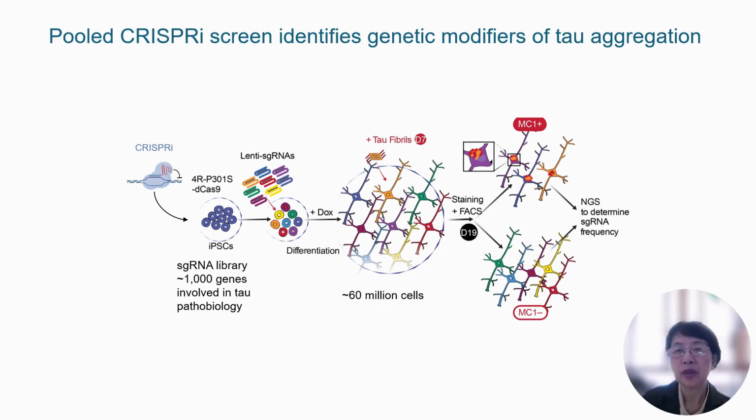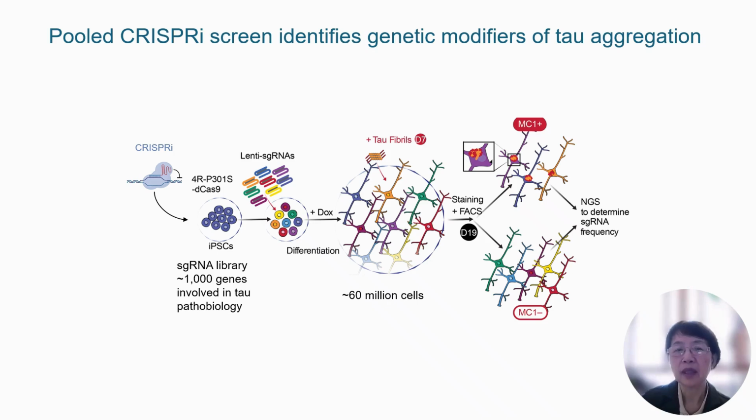iPSCs were transduced with the guide RNA library and then differentiated to neurons, seeded with K18, harvested at 19 days, stained with MC1 antibody, and sorted into either MC1-positive or MC1-negative populations.